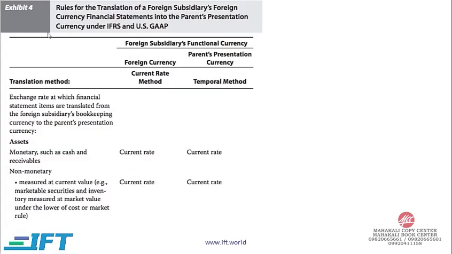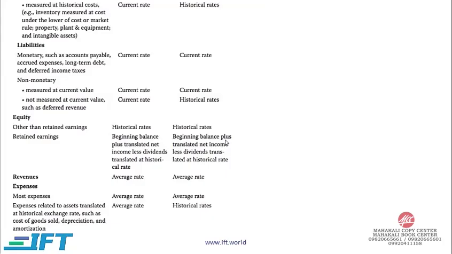Here I'm simply reproducing Exhibit 4 from the curriculum, which summarizes what we've been talking about. So I want you to carefully go through this and make sure you understand what is being stated. On the left, we have the current rate method, and on the right, we have the temporal method. Note that with the temporal method, non-monetary assets are being translated at historical rates.